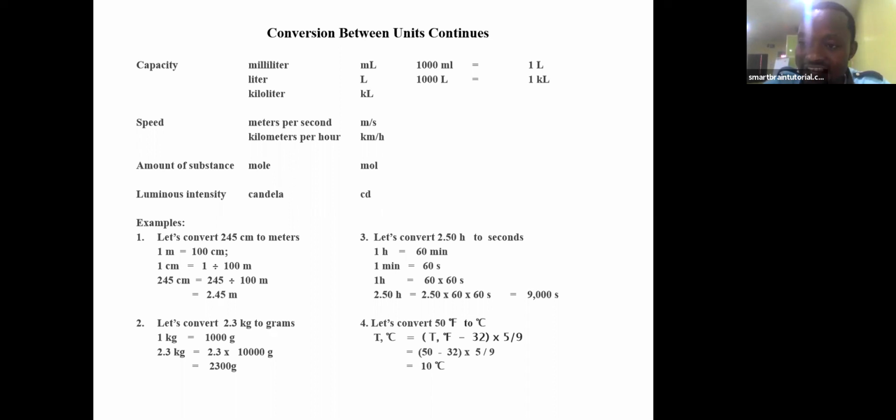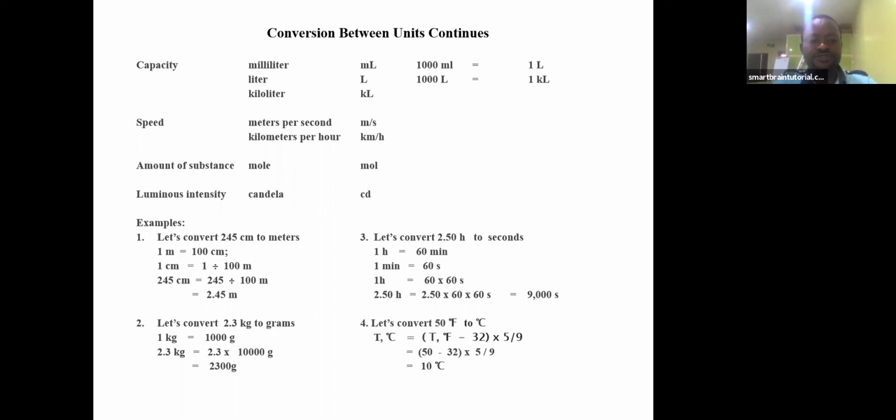Is that example clear? Yes. Okay, let's see example 2. Let's convert 2.3 kilograms to grams. Now, we want to move from kilogram to gram. 1 kilogram is equivalent to 1,000 grams.